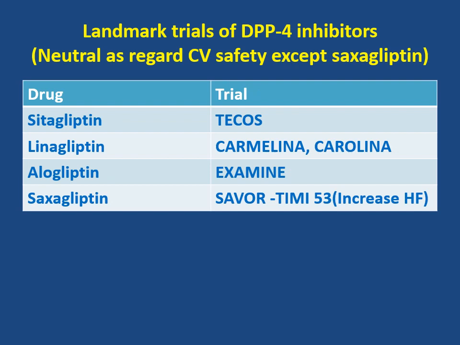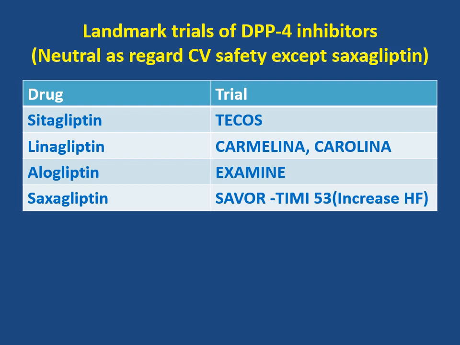What are the landmark trials of dipeptidyl peptidase 4 inhibitors, which are neutral as regards cardiovascular safety except saxagliptin, which increases heart failure hospitalization and should be avoided in patients with heart failure? The first trial is the TECOS trial, which showed the neutral effect of sitagliptin as regards cardiovascular safety.